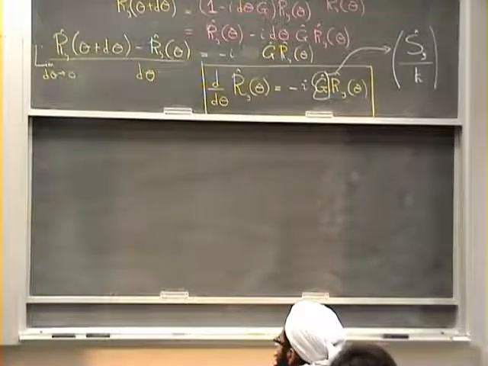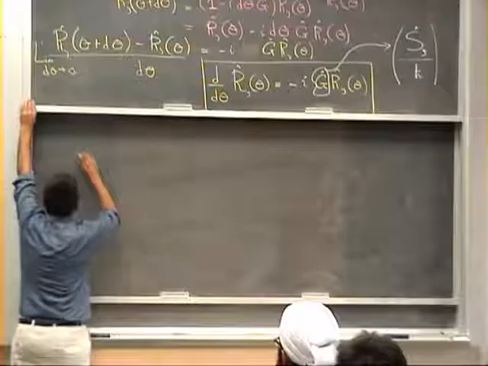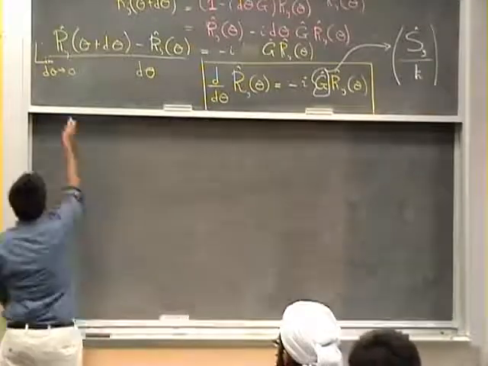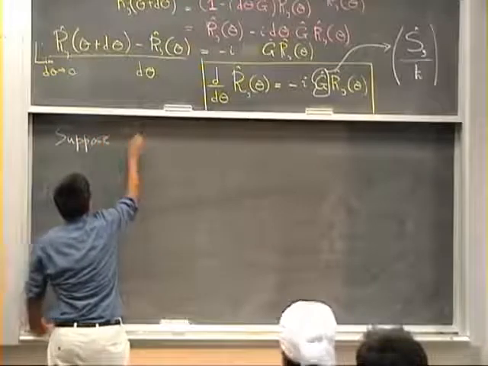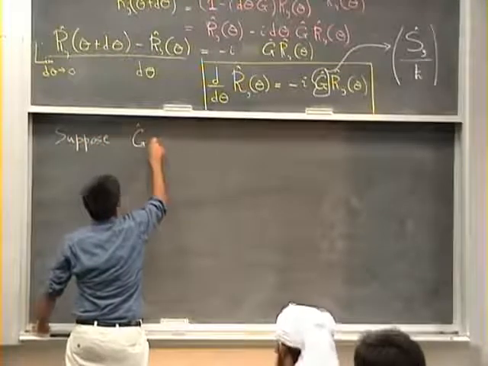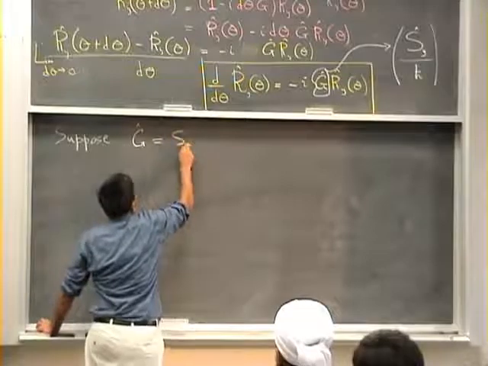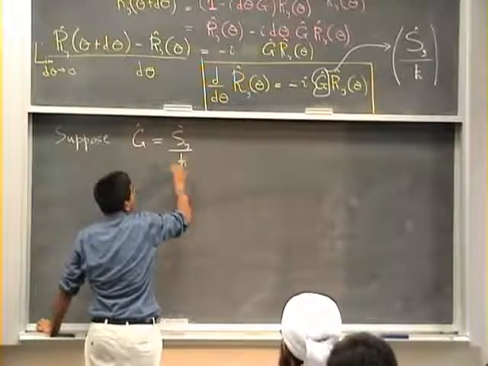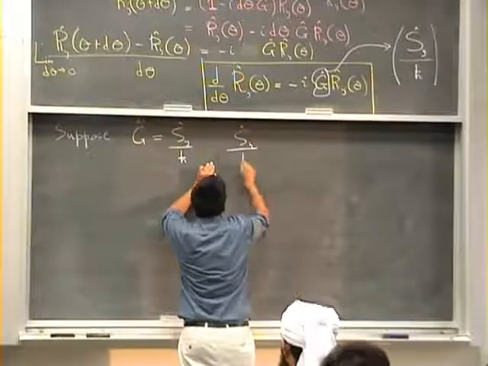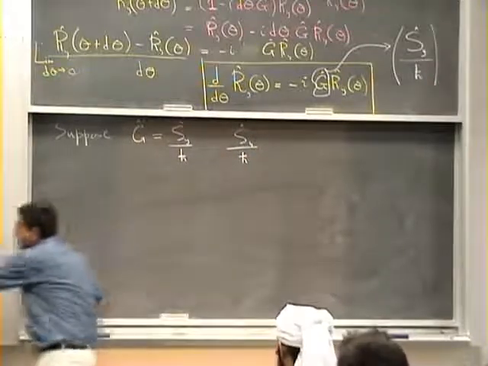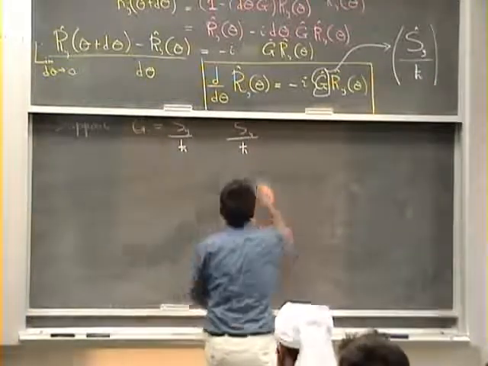So suppose my G is what I propose over there. Suppose my G for this particular rotation is what I propose, Sy over h bar. So if this operator Sy over h bar acts on ket z, let's see what I get.